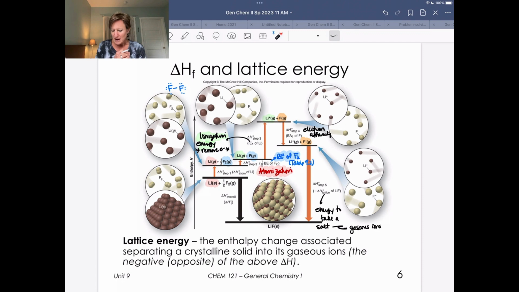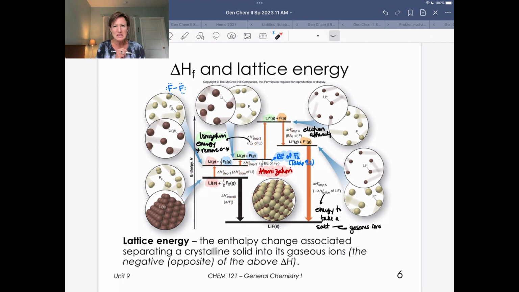But what we're going to do now is we're going to see and calculate what these values are. Or another way to think about this, I can manipulate this problem to have a whole bunch of different kinds of problems. Notice that there's 1, 2, 3, 4, 5, 6 different arrows.